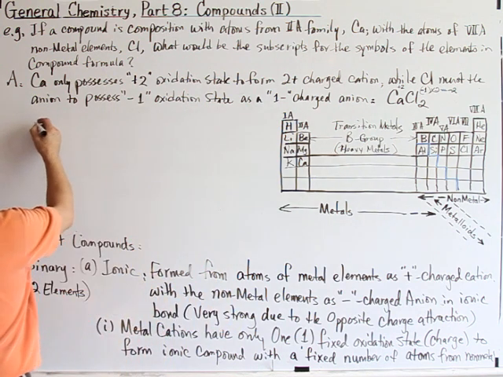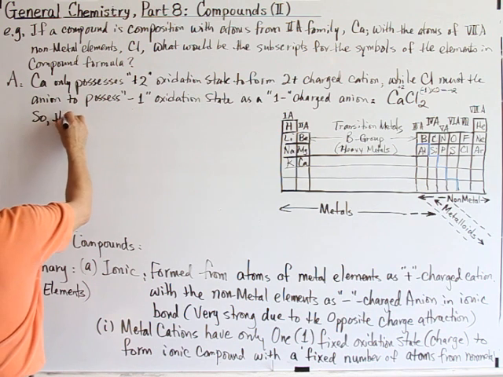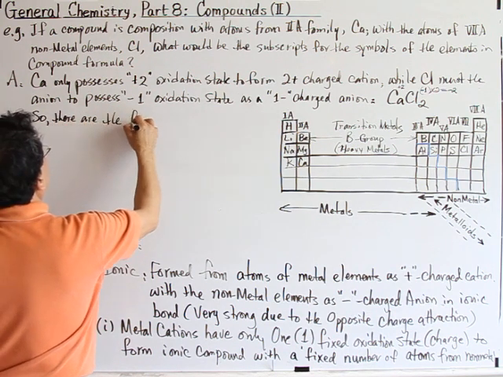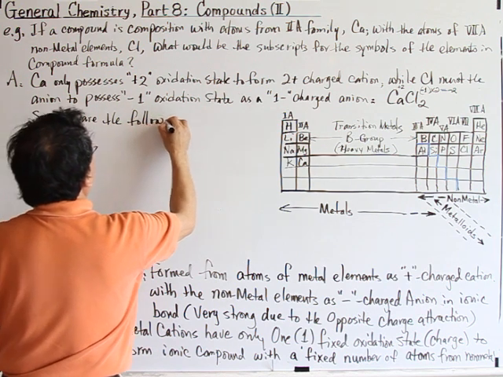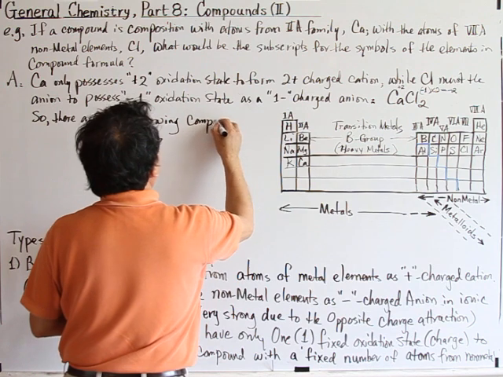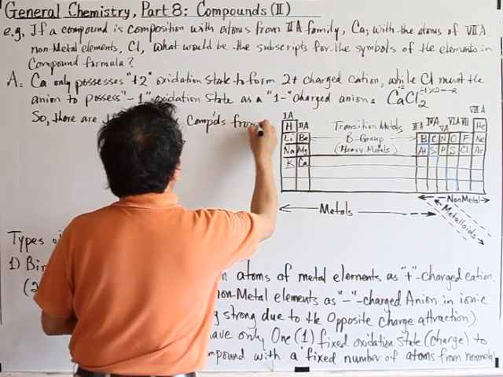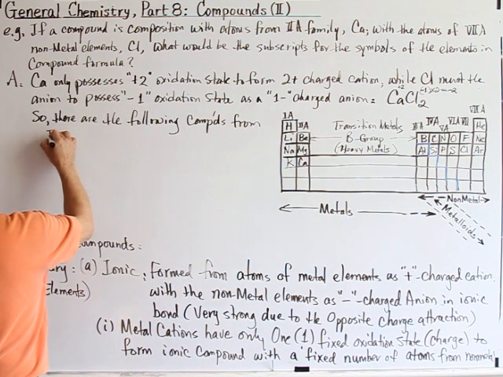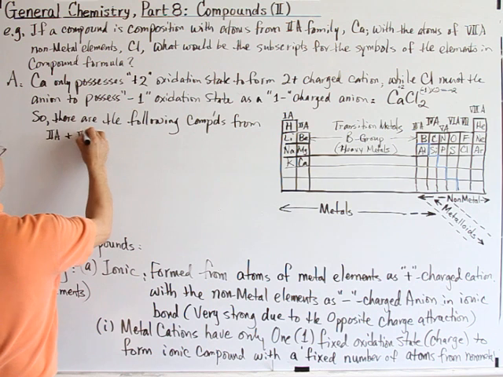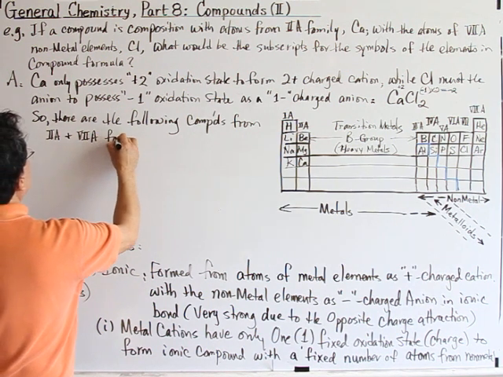So we are able to say there are the following compounds, let me shorthand it, composed from the 2A and 7A families.